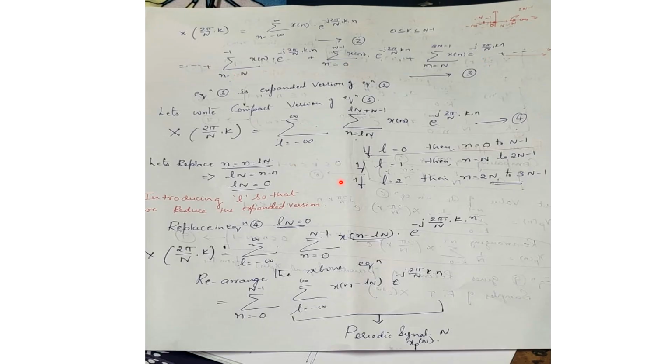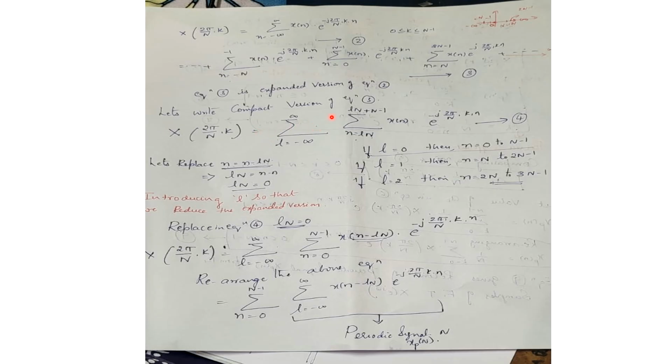So that means we are summarizing all the summation values and we are introducing a value L so that we can reduce the expanded version summation limits. We are reducing the limits by introducing a new letter L. So n is equal to n minus lN. So let us replace in equation 4.